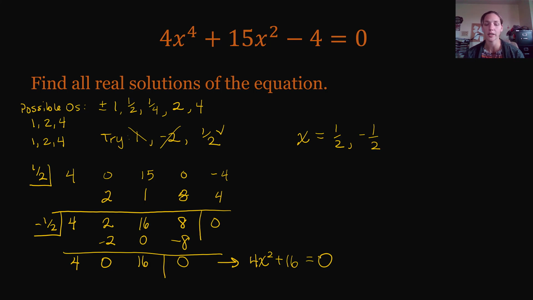I'm going to subtract the 16 over and divide by 4, and get x squared equals negative 4. That's not going to give me any real solutions, and this is asking for real solutions. The next video is where we get to talk about complex numbers and i. So we'll skip past that and say, okay, no real solutions.